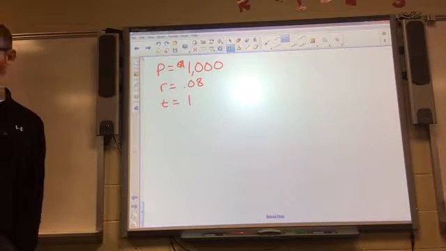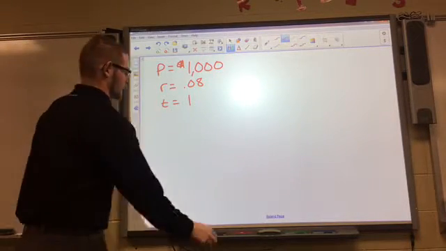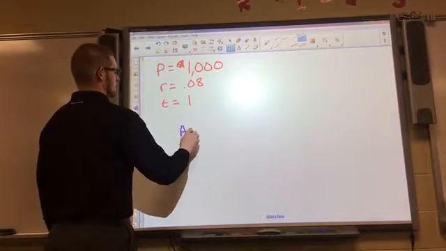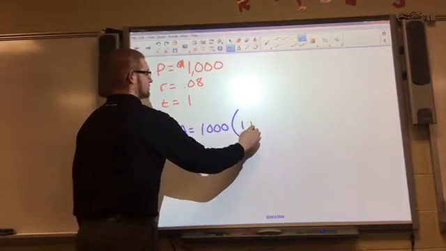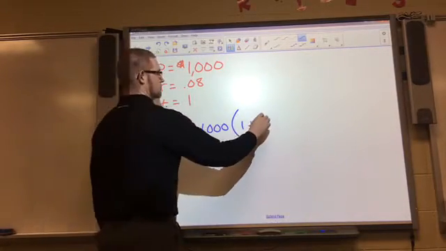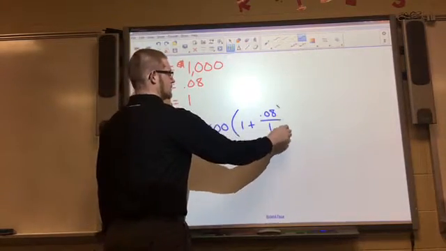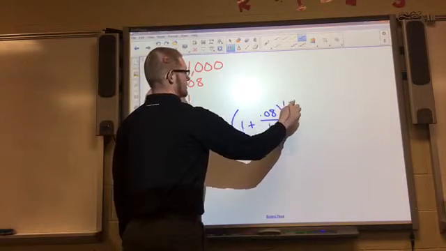Okay, and then the N is going to change, right? Because that's the number of times compounded. How many times is it compounded if it's just compounded annually? Once. So when I plug this in, I have A equals 1,000 times 1 plus 0.08 divided by, in this case, 1, to the 1 times 1, right?